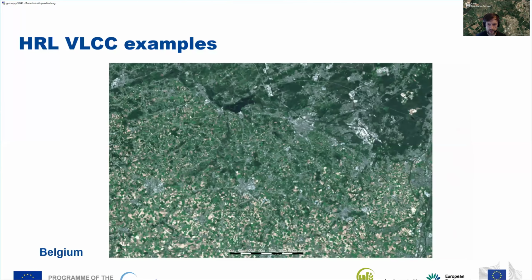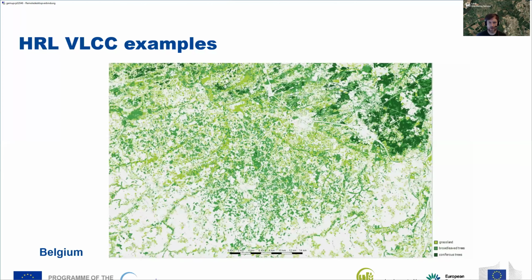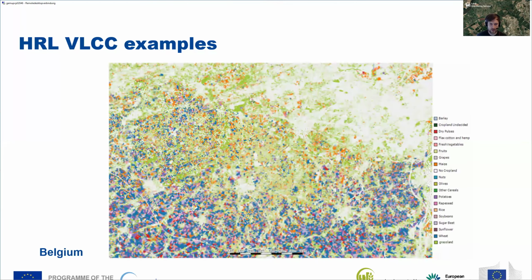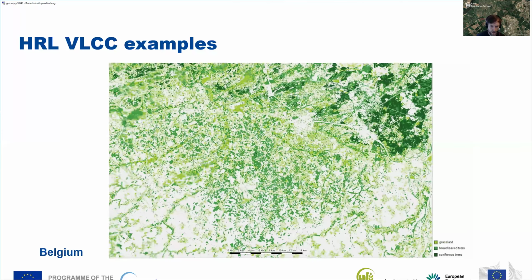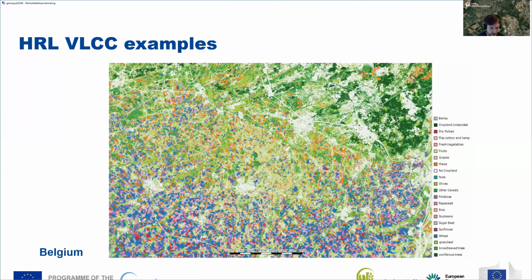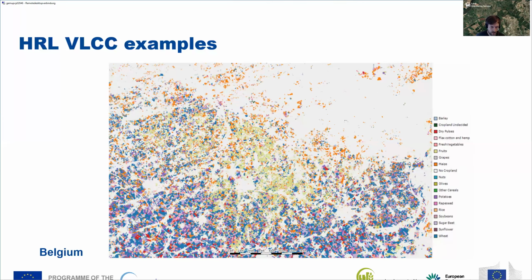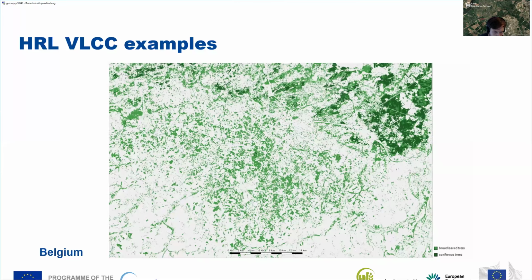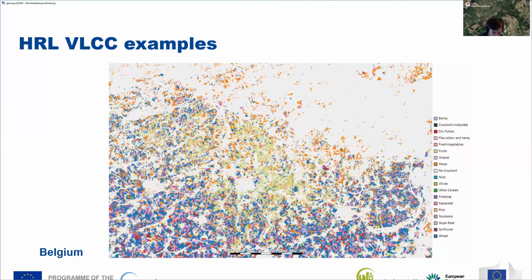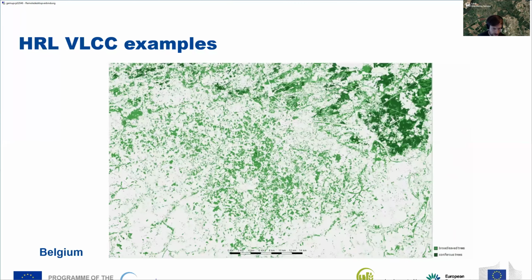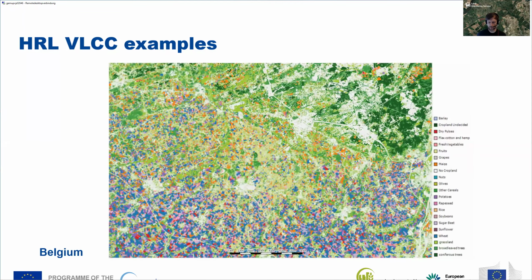The central part of this area also contains quite a lot of grassland, and in the bottom part of this image, you see that there are quite a lot of different agricultural activities ongoing. The crop type product delineates the different parcels where different crops are grown.